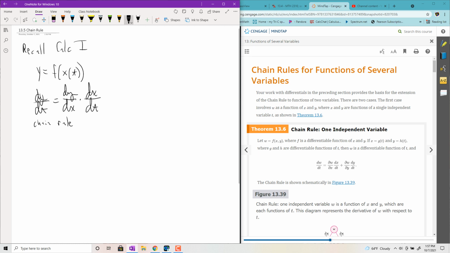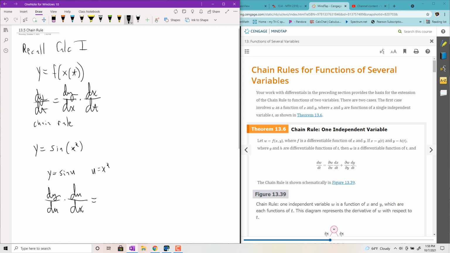And you applied it every time you did more complicated derivatives, like the sine of x squared. If you let u equal x squared, then y is the sine of u. Basically, you first take the derivative of y with respect to u and times it by the derivative of u with respect to x.